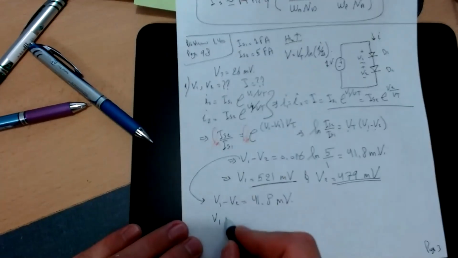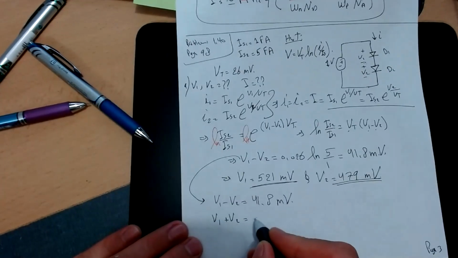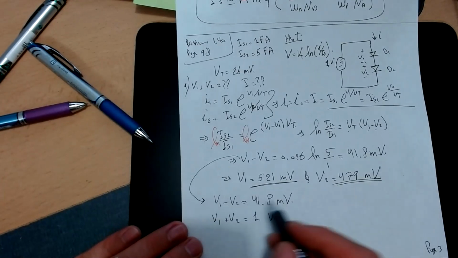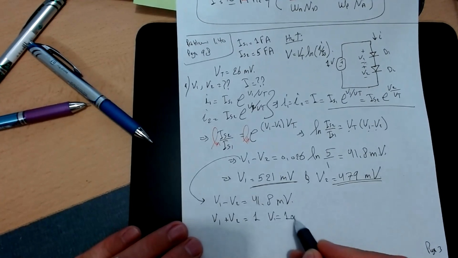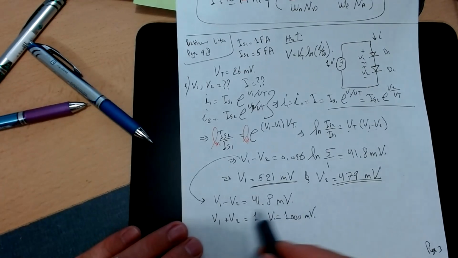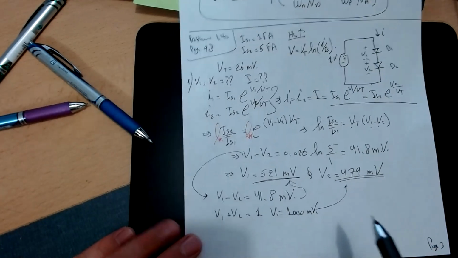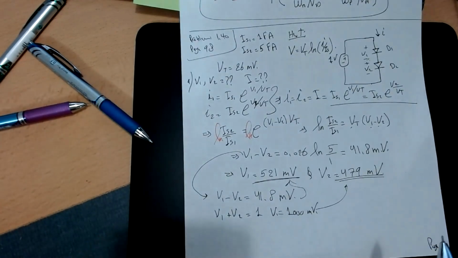So V1 plus V2 is equal to 1 volt, which is 1,000 millivolts. Now we have two equations with two unknowns, and we can solve for V1 and V2.